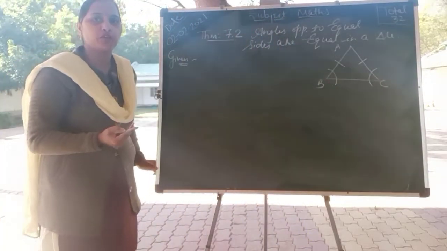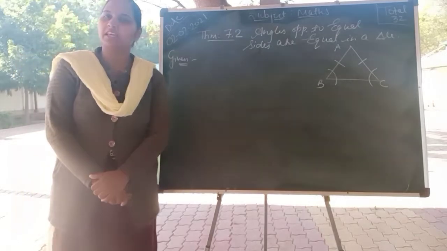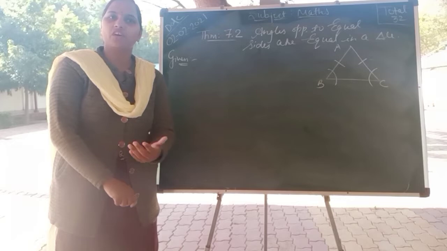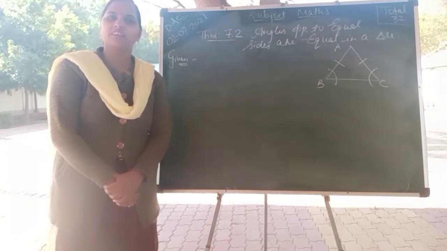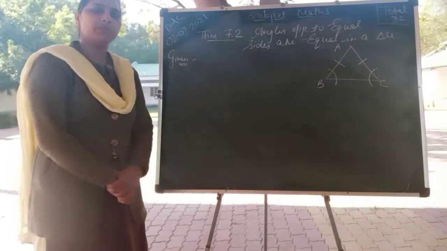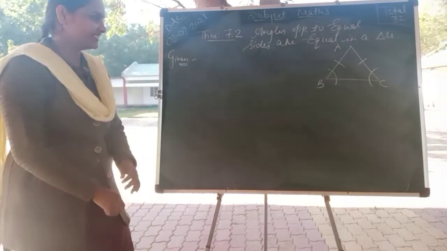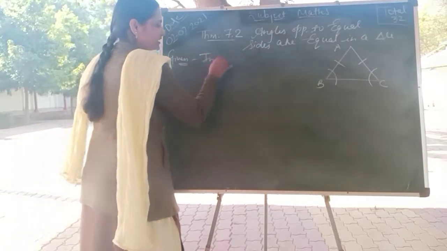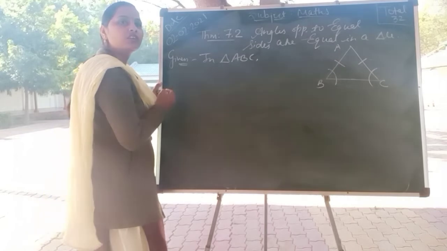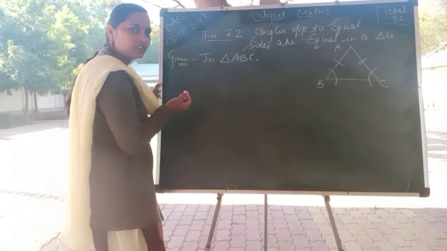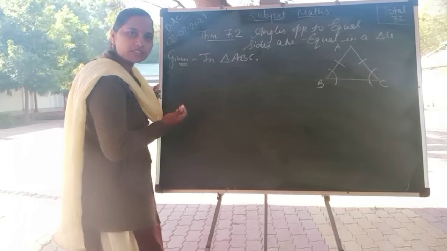So what do I have to prove? I know in triangle ABC, AB is equal to AC. Which angles will be equal here? Angle B will be equal to angle C, right? In triangle ABC, what is given?